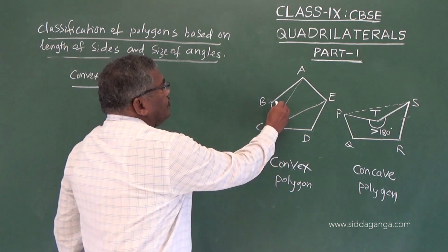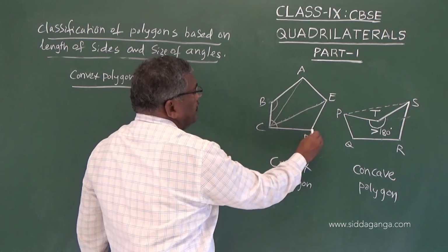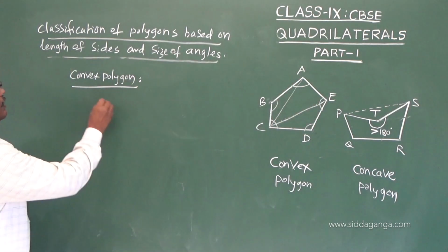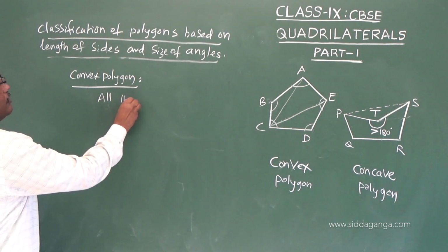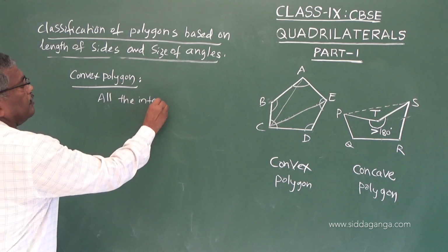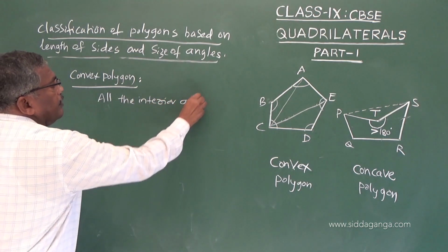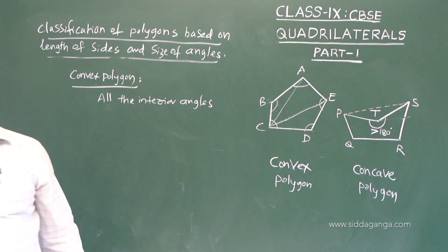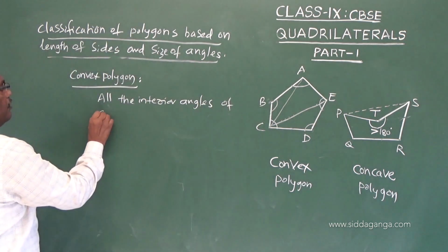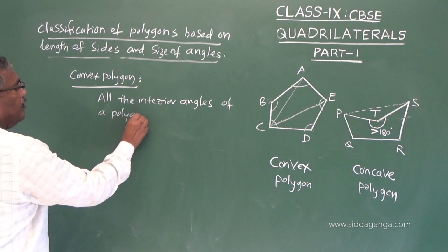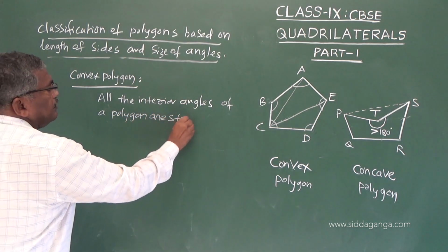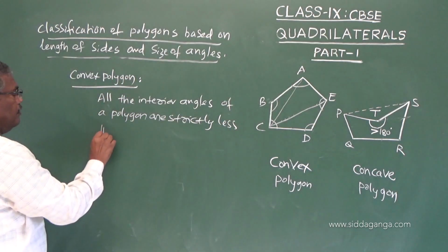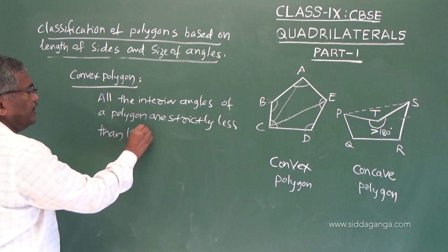All the interior angles, you can see angle B, angle C, angle D, angle E, angle A, all the interior angles of a polygon are strictly less than 180 degrees.